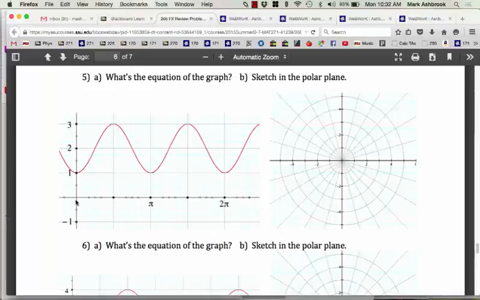So when we turn the first quarter circle from 0 to pi over 2, r goes from what to what? 1 to 3. So when theta equals 0, we're at r equals 1. And what's going to happen? So r is going to increase to 3 by the time the angle gets to pi over 2. So at pi over 2 it is going to be 3.